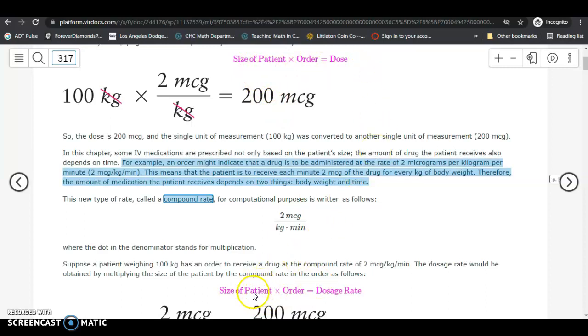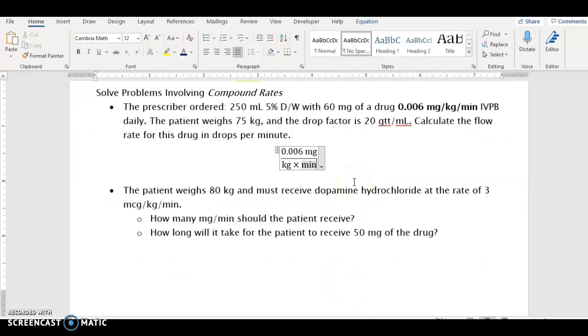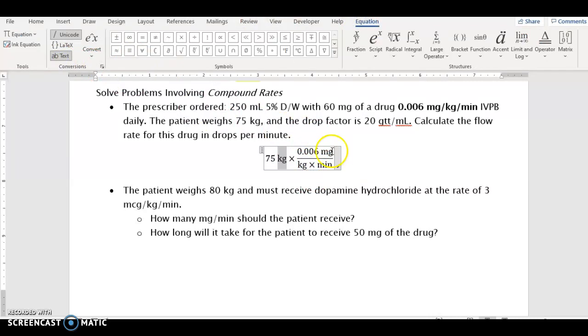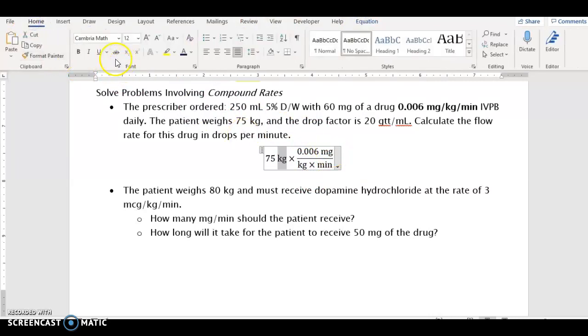But here we're taking the size of the patient, multiplying it by the compound rate in the problem, and then getting the dosage rate. That's going to be our first step. We're going to take the patient's weight in kilograms, which is 75 kilograms, multiplied by the compound rate of 0.006 milligrams per kilogram per minute. In the process, we eliminate the units of kilograms.